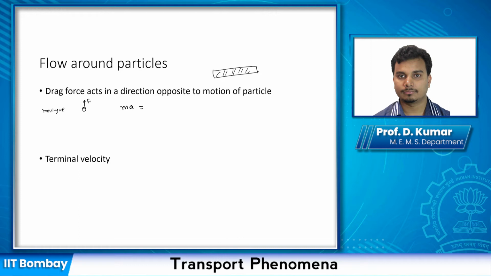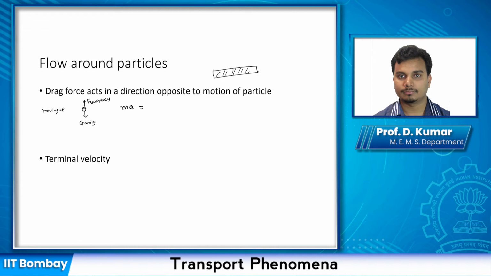There will be buoyancy, and of course gravity will be there, and the particle will interact with the fluid through some sort of boundary layer formation, etc. That happened here, and similarly it will happen in this case.